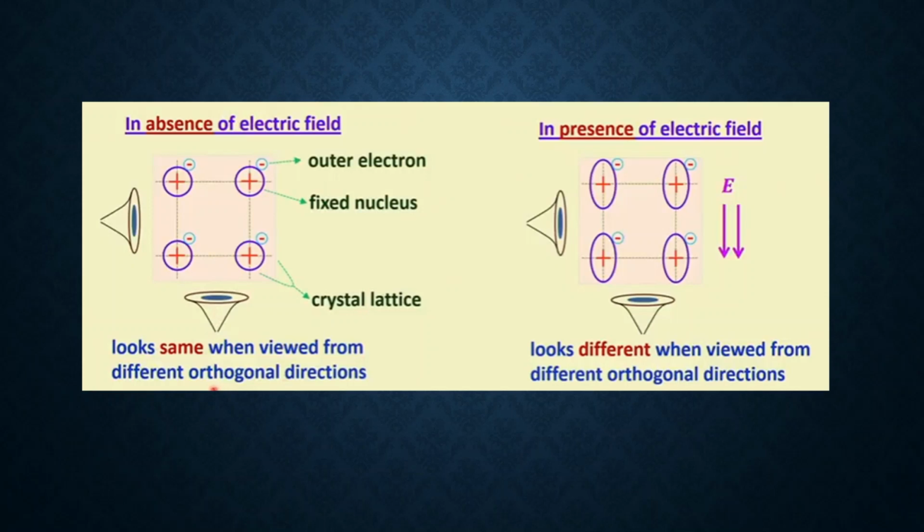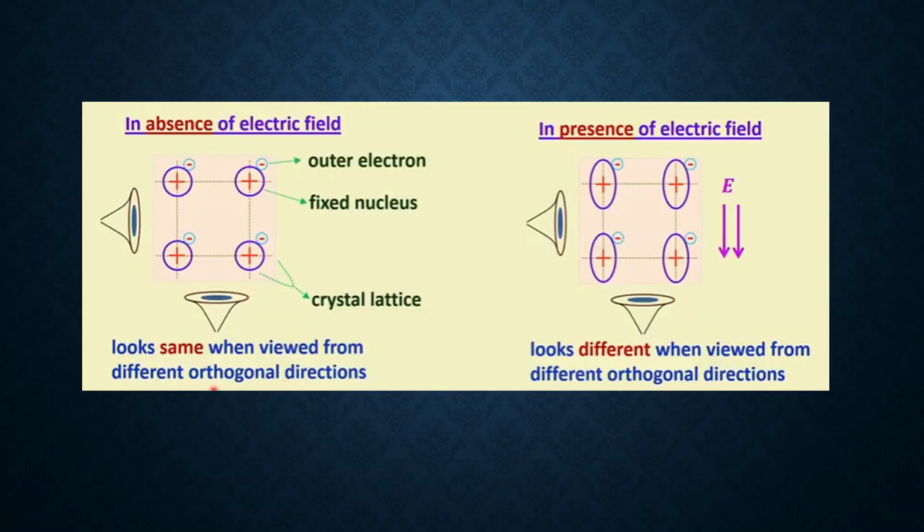But now if the electric field is applied, then we can see that there will be distortions in these configurations, and it will no longer appear the same as we see from different orthogonal directions. So the external electric field creates an anisotropic configuration of this crystal.